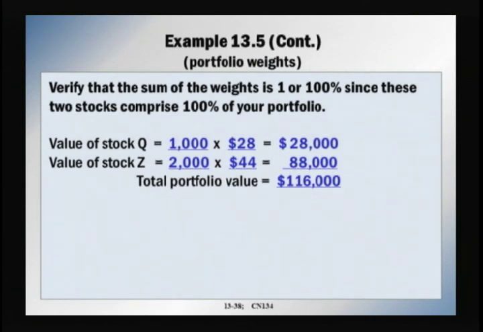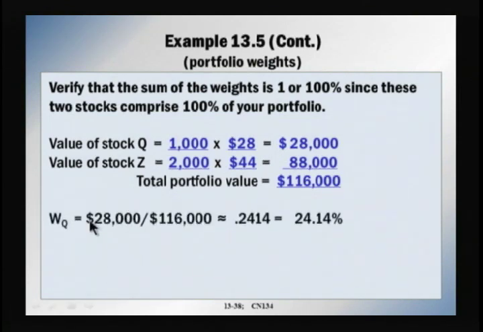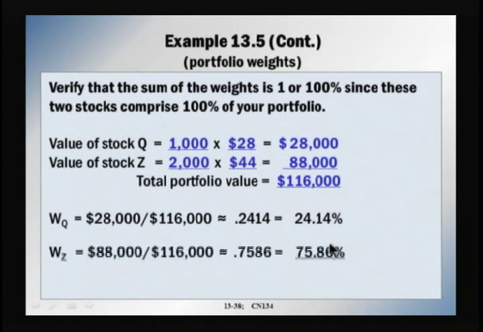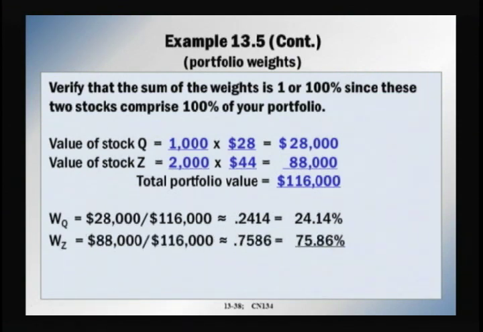Percentage-wise, we calculate the weight of Q by taking the 28,000 in Q divided by the 116,000 total, and we see that 24.14% of our portfolio is invested in stock Q. That's the weight attached to stock Q. With 88,000 invested in stock Z, that accounts for 75.86% of our portfolio value in stock Z. Combined, they account for 100% of the value of our portfolio.